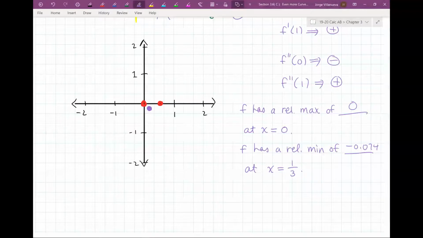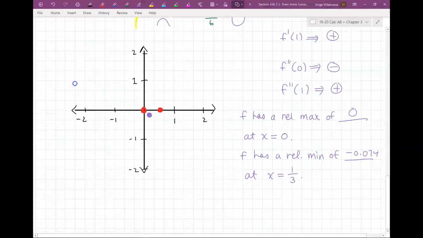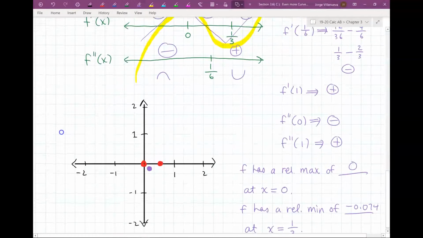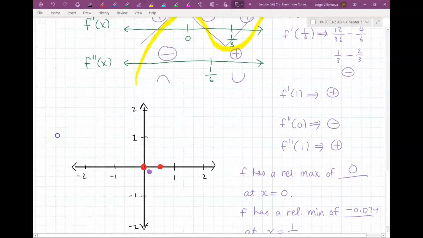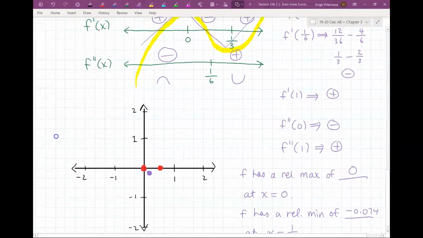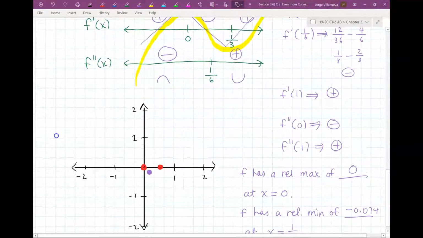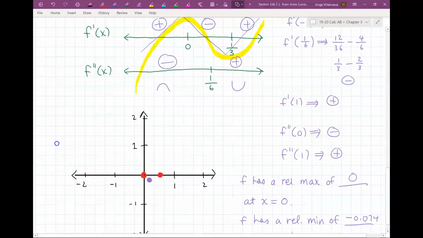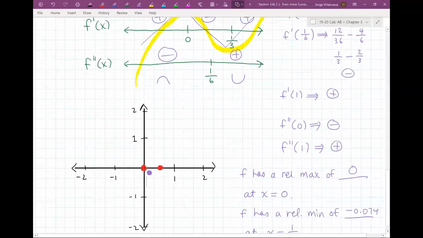I know that my point of inflection is going to occur. What's 1 over 6? It almost doesn't seem right. Yeah, what's 1 over 6? What's that value?